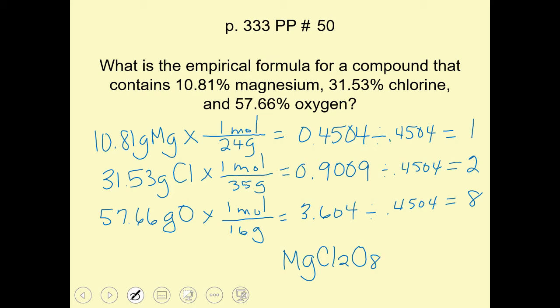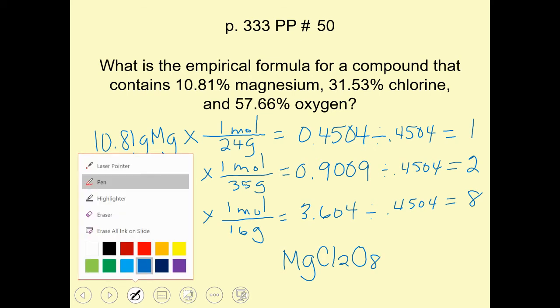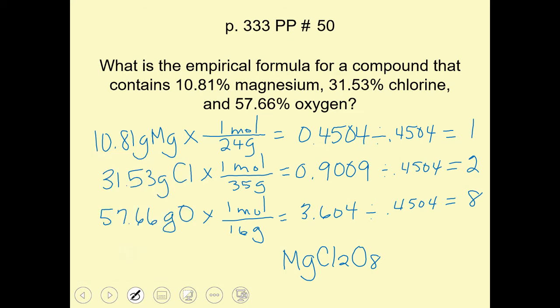Now this is an answer that I will accept and give full credit, okay? But maybe some of you that know your ions a little bit better than others are starting to recognize some of the ions. Magnesium makes a +2 ion, and there is a -1 ion called perchlorate that is ClO4 -1.